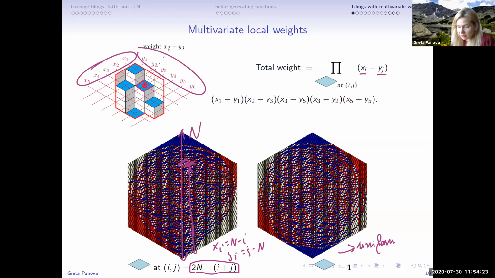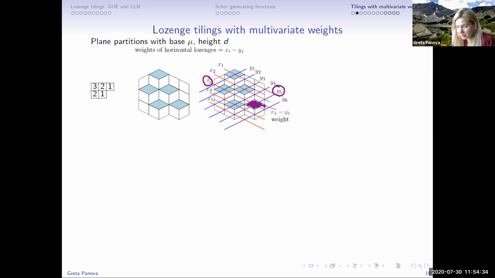Okay, so why would we look at these particular weights? Because they came out from some interesting combinatorics. So let me just show you some results one can get about them. Now we are going to switch the interpretation slightly. So look at these 3D pictures of the lozenge tilings, but from the point of view of plane partitions.